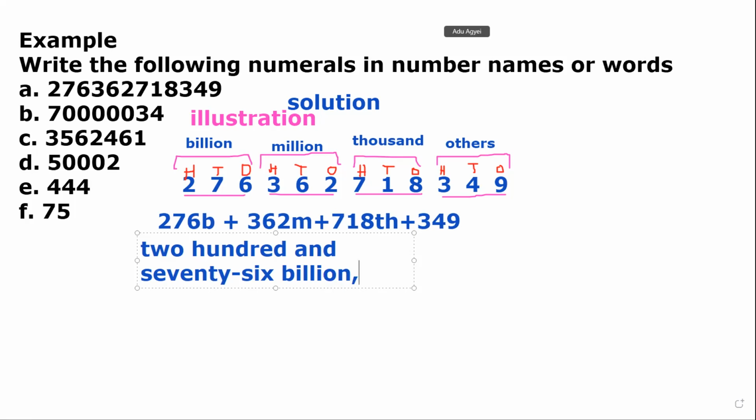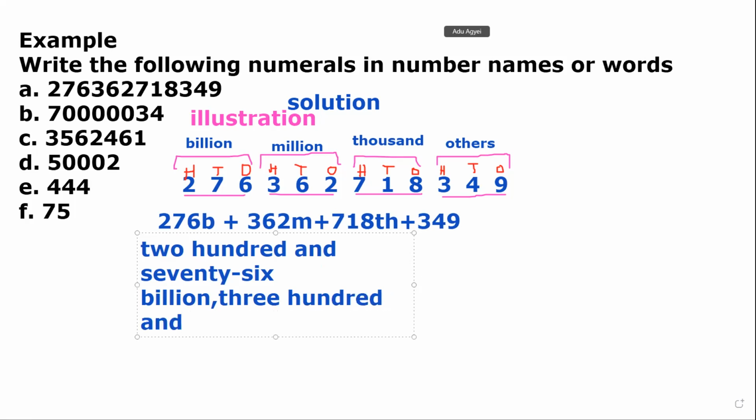This is 276 billion. Then you move on to the million. The million, we have the 362 million.